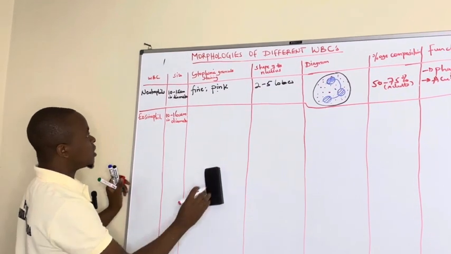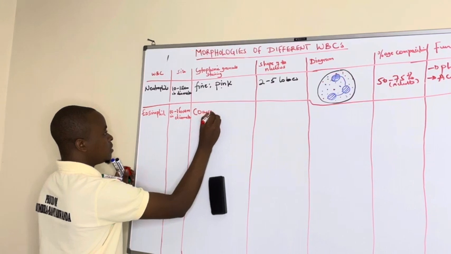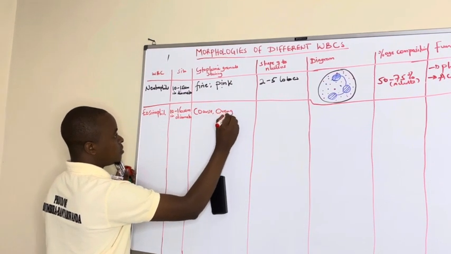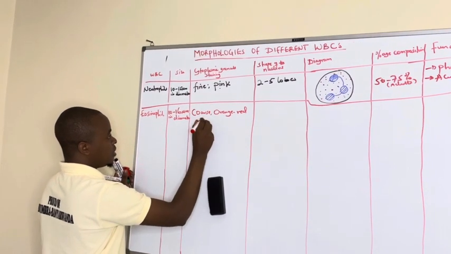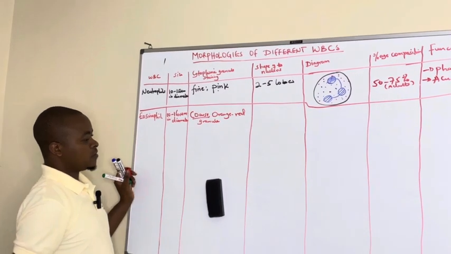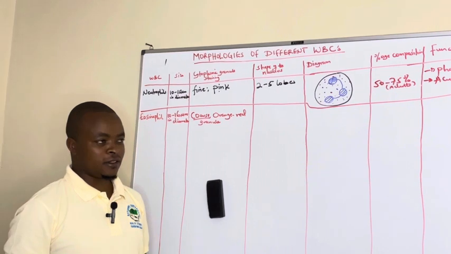And the cytoplasmic granules are coarse. It has coarse orange-red granules. So these granules are coarse and they stain orange-red with Romanowski stains.